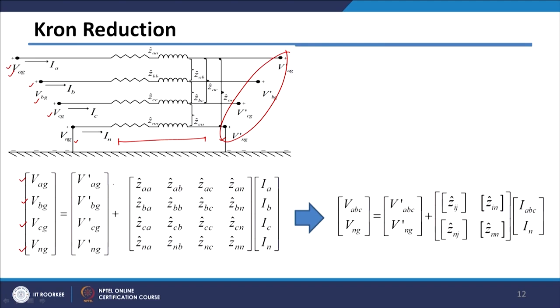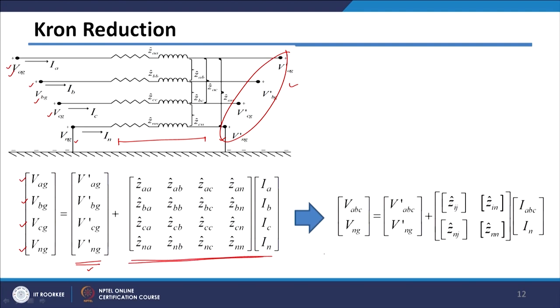The voltages at the secondary end are represented by a dash term here: V dash AG, V dash BG, V dash CG and V dash NG. They are the receiving end voltages, plus the drop along the feeder, which will be represented by this term here.